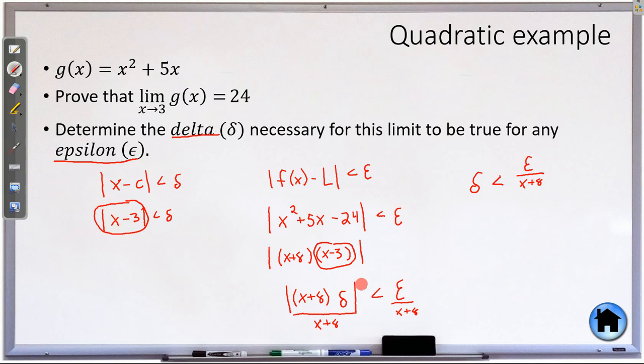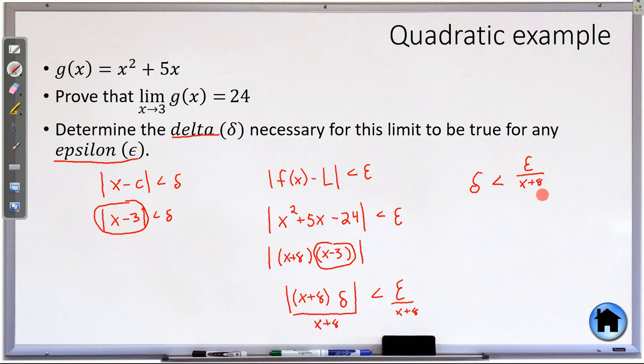All right, now I got rid of the absolute value because the definition says delta always has to be positive. It's a distance, and so I don't really need those anymore now that delta is the only thing left. But this is a little unsatisfying because we have an x plus 8 down here. I'm supposed to relate only delta and epsilon, not delta, epsilon, and x.